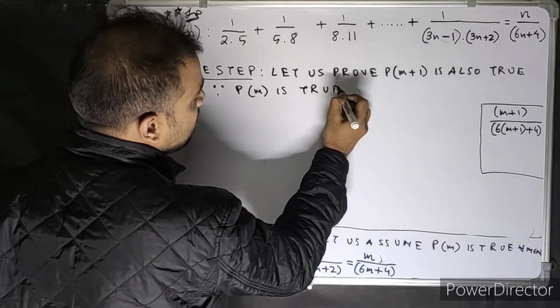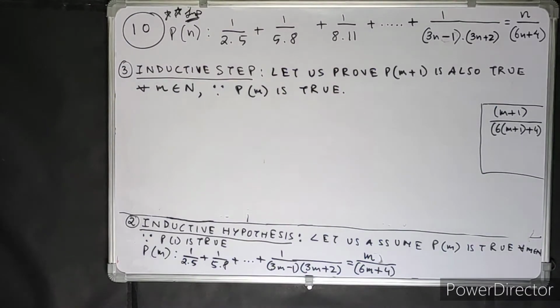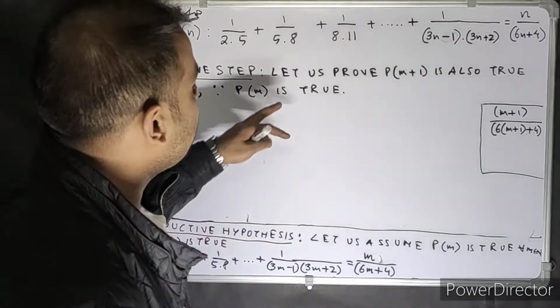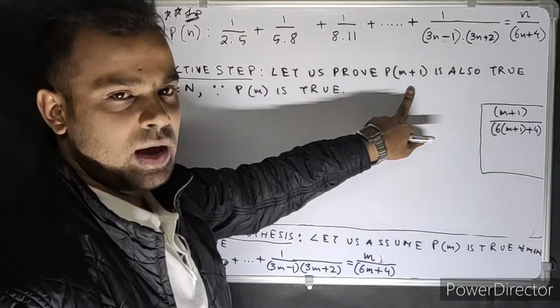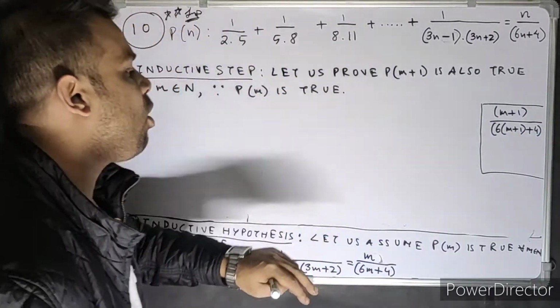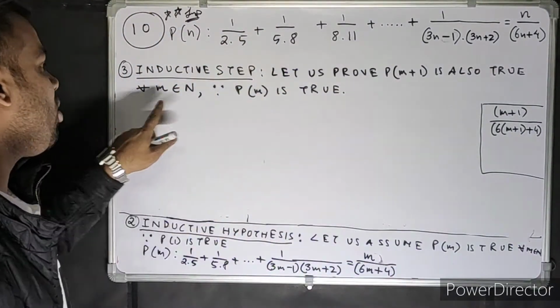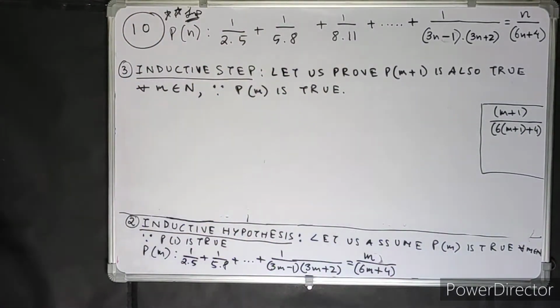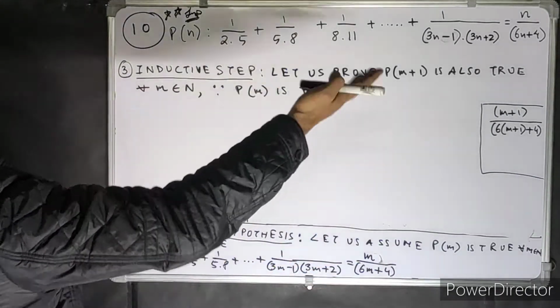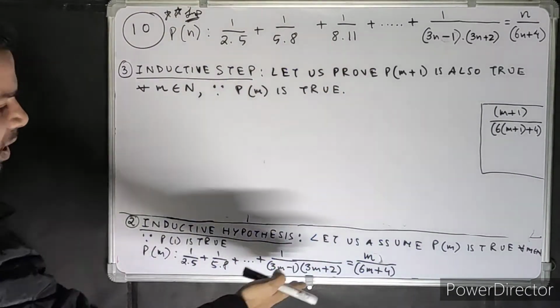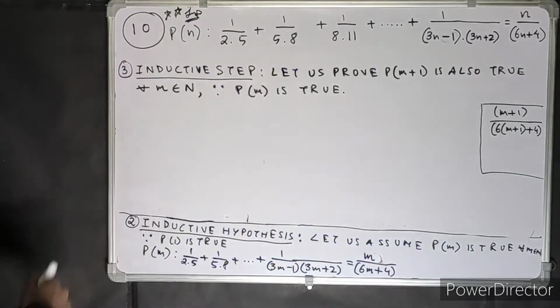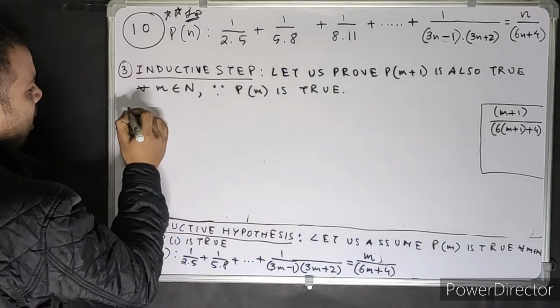This is a belonging sign. So I have also included this part. See, what did I do? I am trying to prove P of m plus 1 is true, because I have already assumed that P of m is true. So now I am taking the help of this part to prove P of m plus 1.